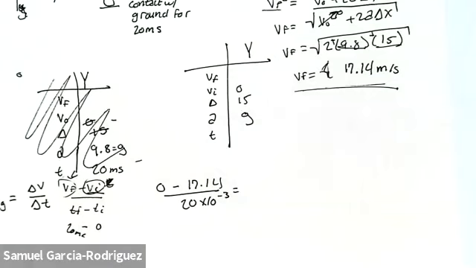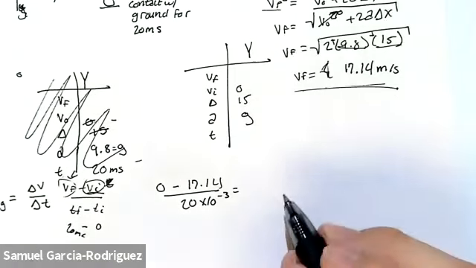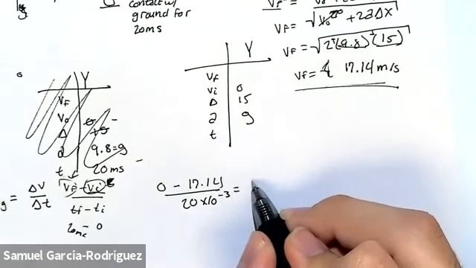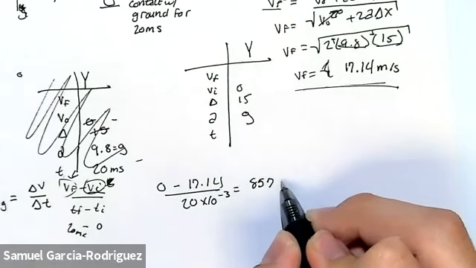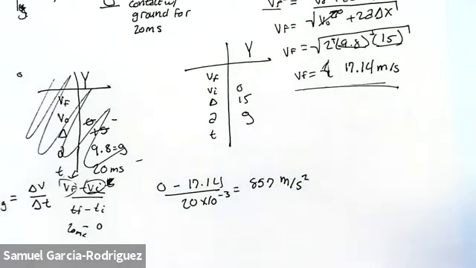So putting that in, that is 17.14 divided by 20 times 10 to the negative 3. I get 857, and that should be meters per second squared.